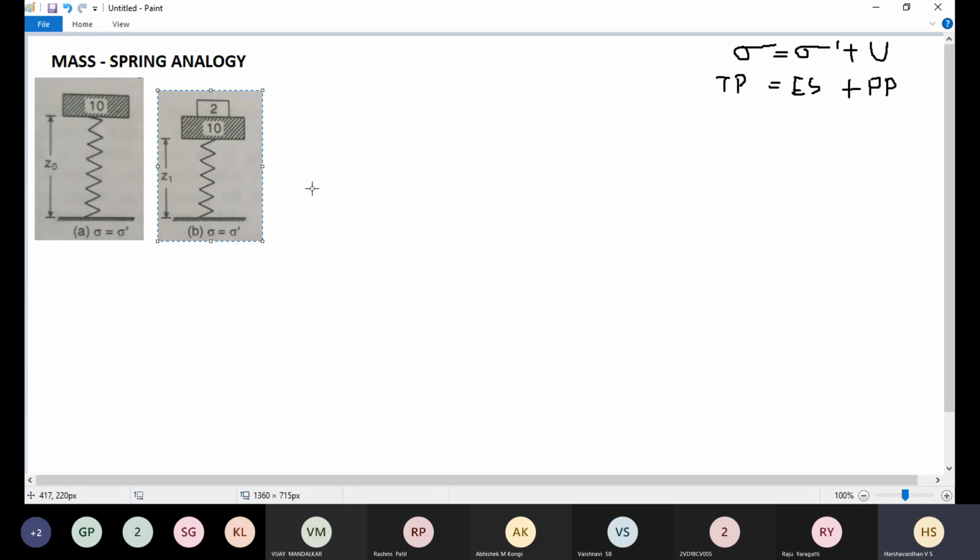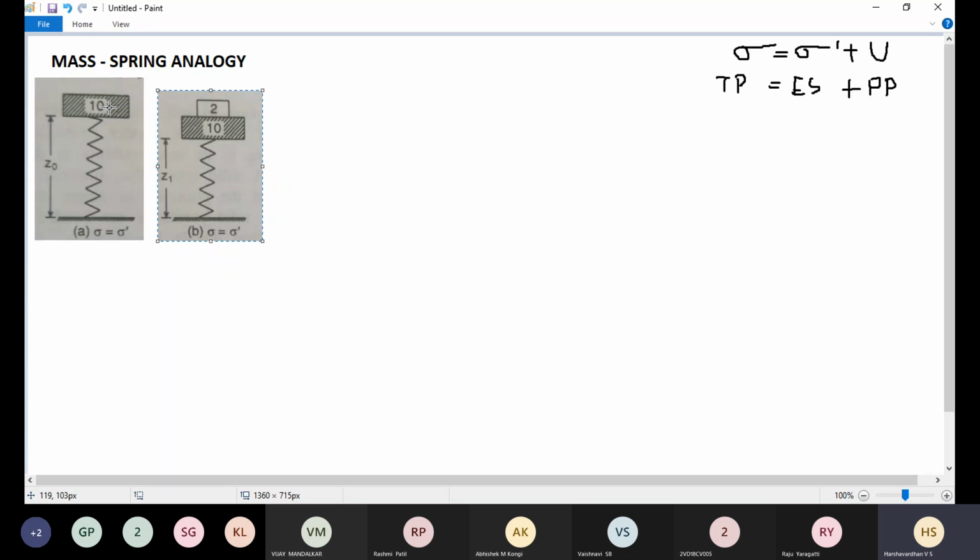Here we have a spring and we are keeping some weight on top of the spring. If you add extra weight, that weight is also carried by the spring, and when extra weight is added, there is settlement. If you compare it to soil, 10 units is like the self weight of the soil.